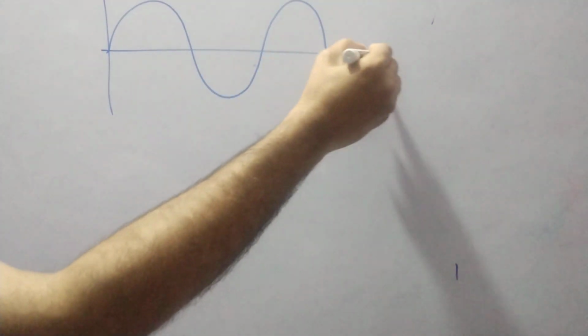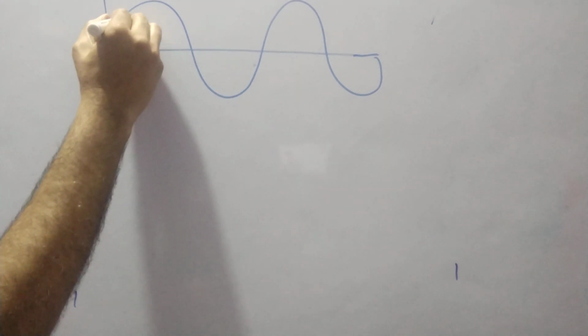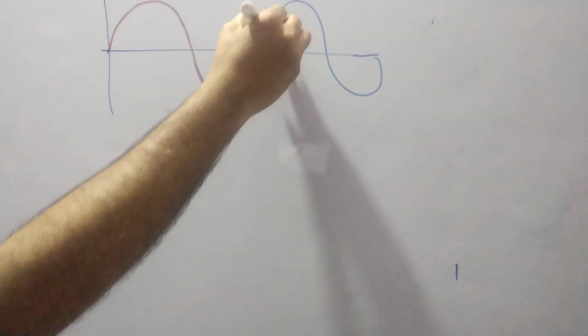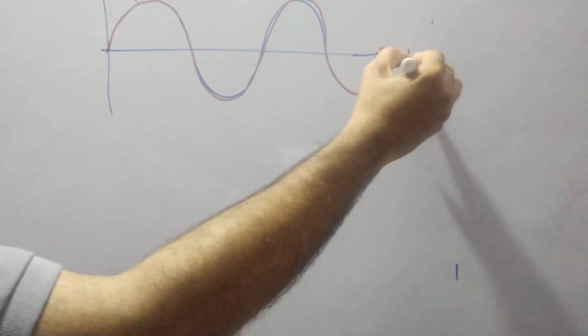Suppose the two curves are like this. This is the first curve, and your second curve is like this. The second curve is on this curve only. So what is the phase difference here? 0.